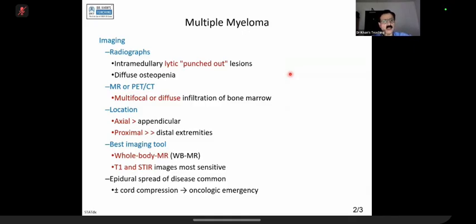And it all depends where you are working and what kind of facilities your department has. But bone scan, you should never, this is what they are going to check in the exam. You should not ask for bone scan in multiple myeloma. So classically, they are lytic punched out lesions.